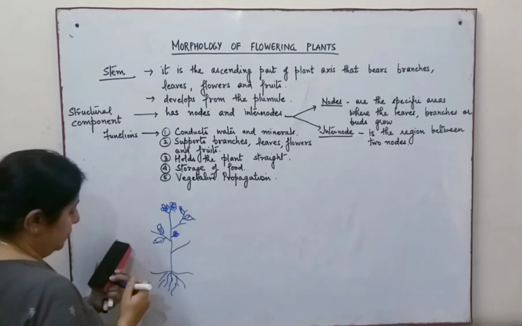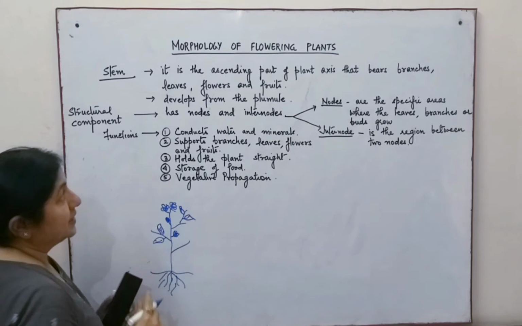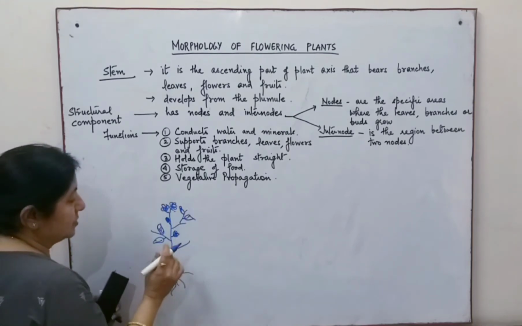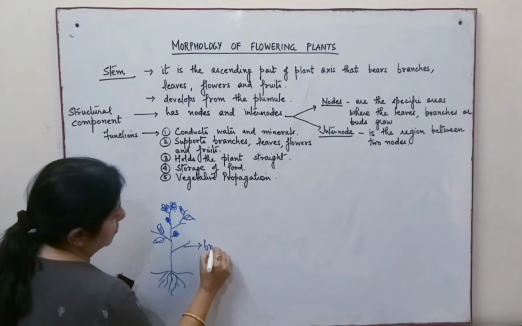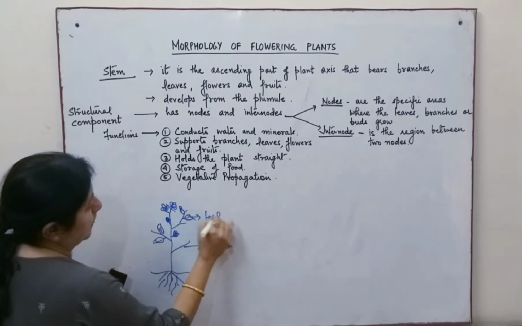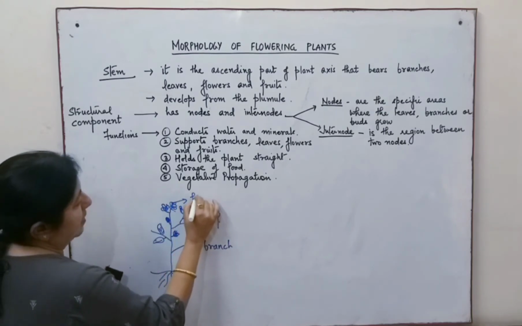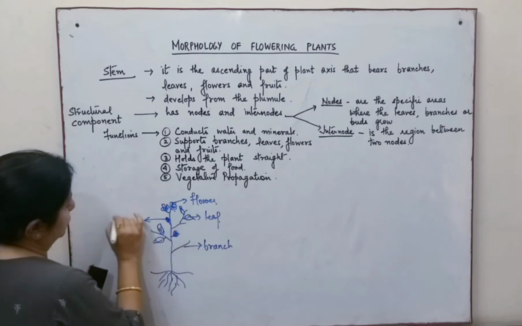It may bear the fruit, and all these structures are present in this branch we are talking about. These are the leaves. This is the flower. And this is the fruit.